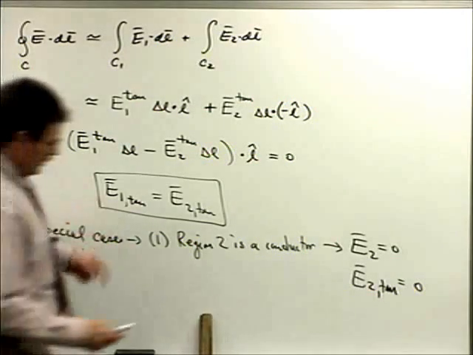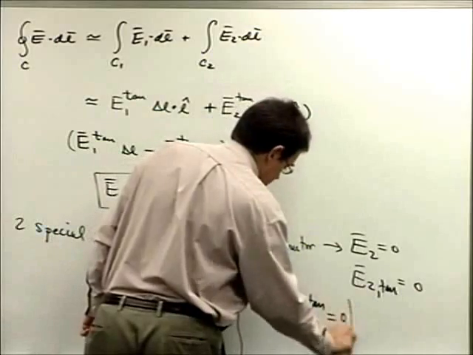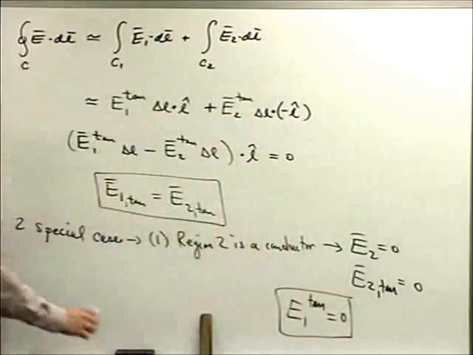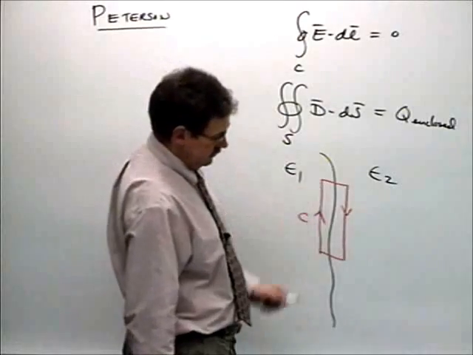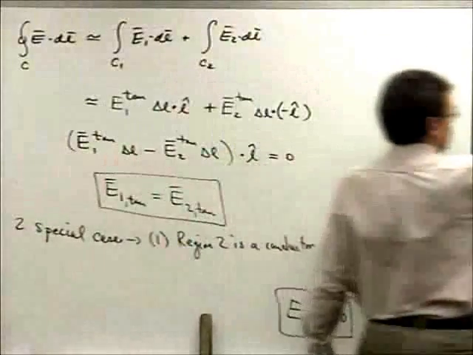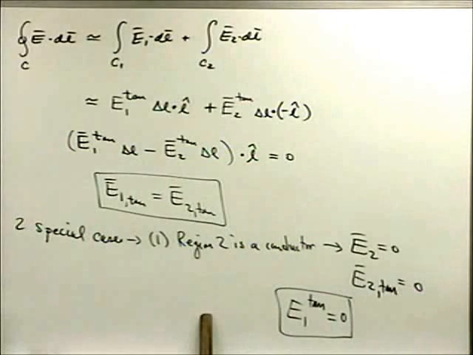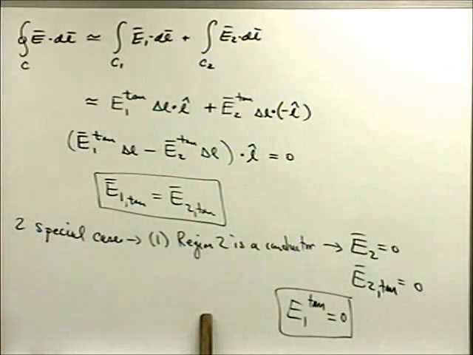So we conclude from this that E1 tangential is 0, or namely that the tangential field near the surface of a conductor has to go to 0. Okay. So that's one special case. Another special case is the case of two dielectrics, which is really what we started with here.